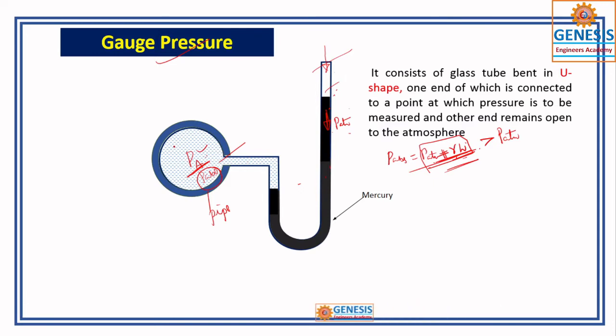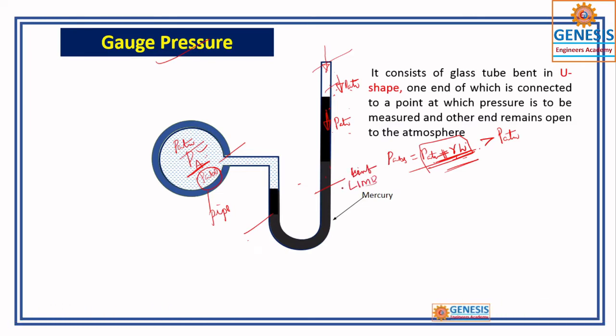If here the pressure is atmospheric and here it is also atmospheric, these are equal, then there will be no rise in the mercury column. You can also call this the left limb, and this part the right limb. You understand?